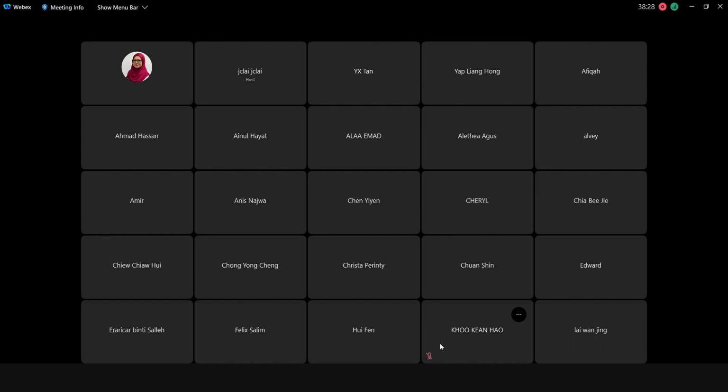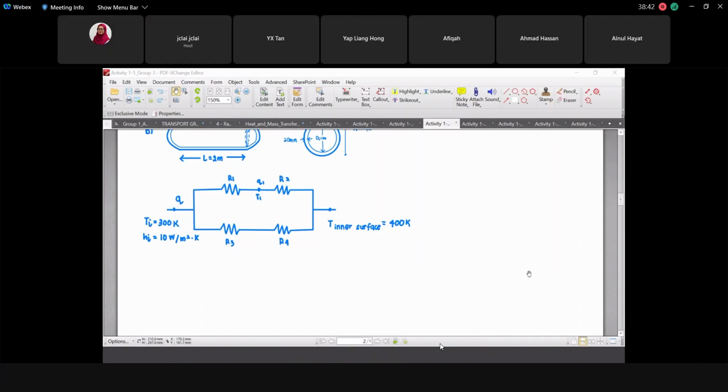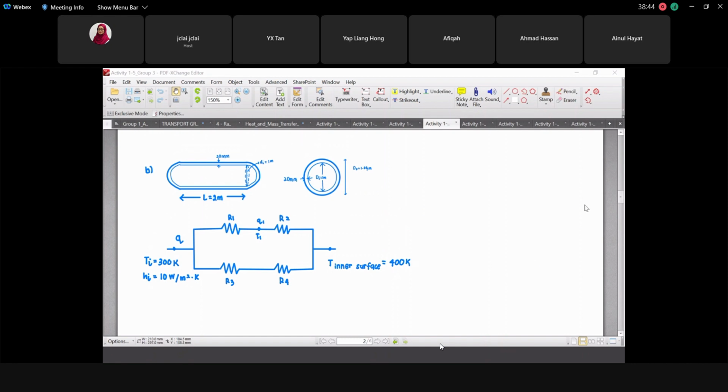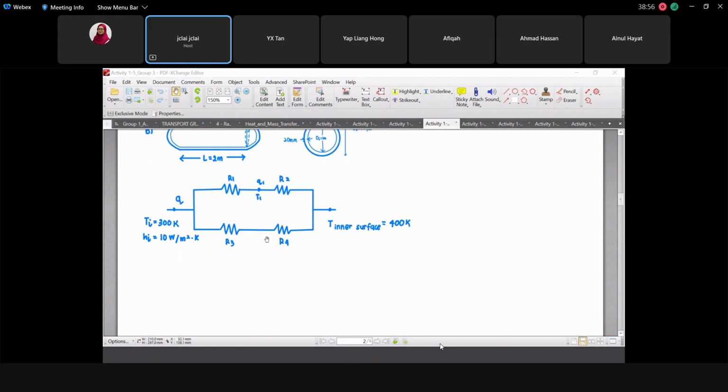Okay. I think this is from group 3. Can you see what I'm sharing? Yes, Doctor. Okay. So this circuit diagram is the same as what I did. Like this.